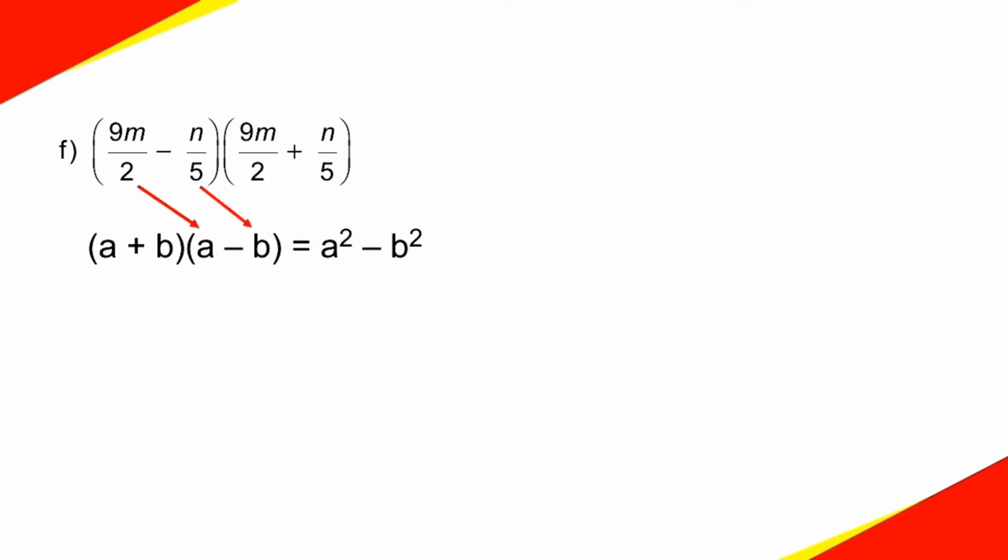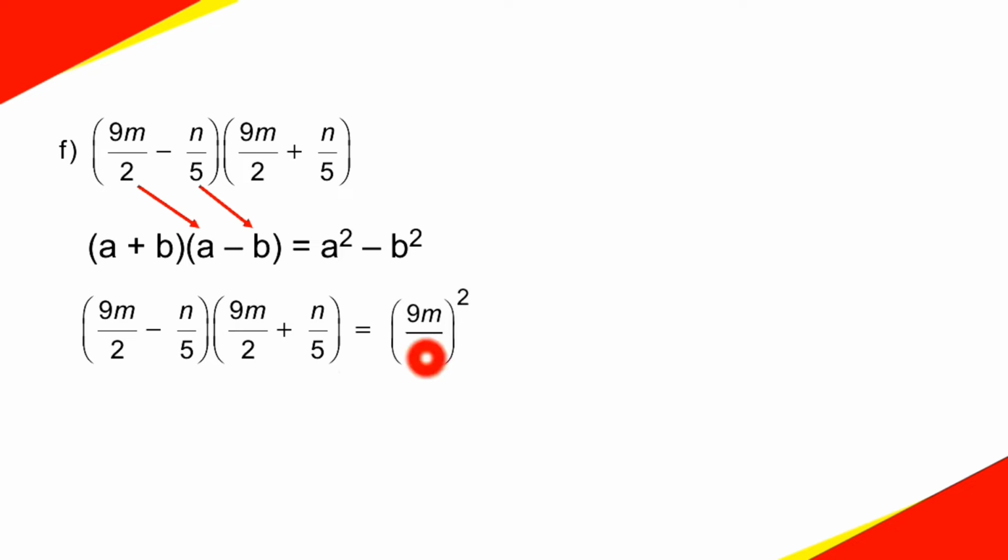Now substitute the a value and b value in the identity. Now what can we get? (9m/2 - n/5) into (9m/2 + n/5) is equal to, what can we get? (9m/2) whole square minus (n/5) whole square.